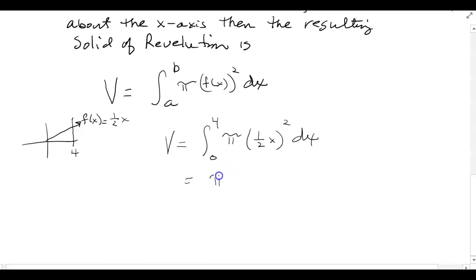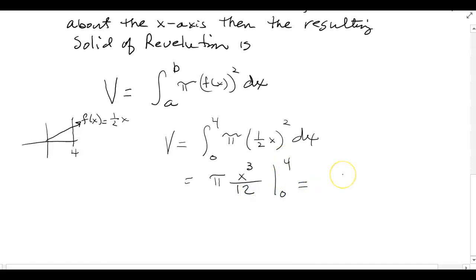So what does that give me? Pi. So 1/2 x squared, which is 1/4 x squared. So it ends up being x cubed over 12, correct? Because yeah, so that should be over 12 from 0 to 4.